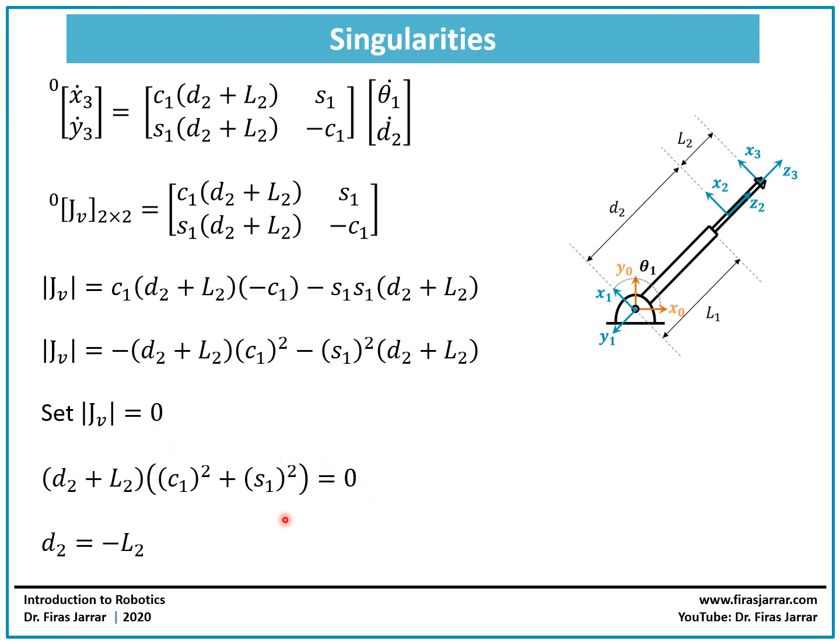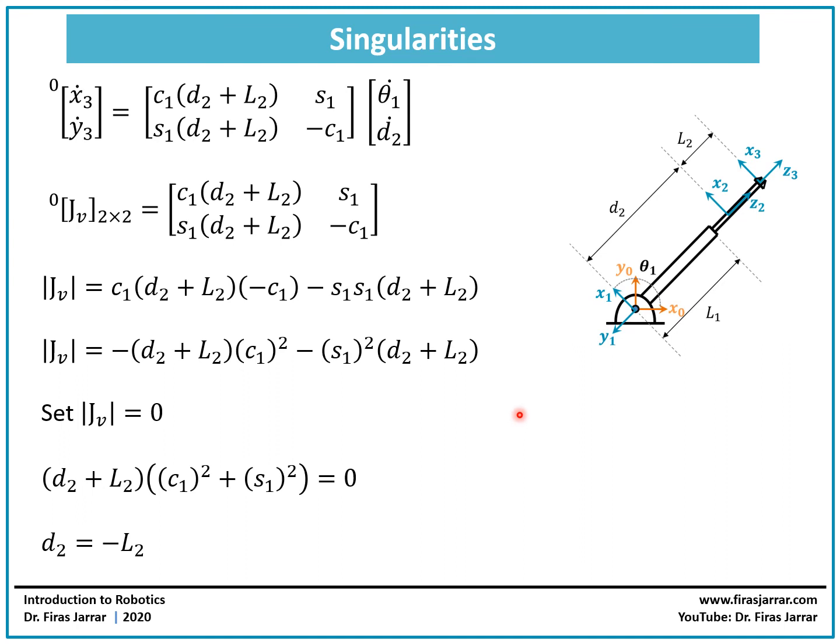Here we have a trigonometric identity that will give me a value of 1, which means the determinant of the Jacobian would be equal to 0 whenever d2 is equal to minus L2. And d2 would be equal to minus L2 whenever the end effector reaches point 0.